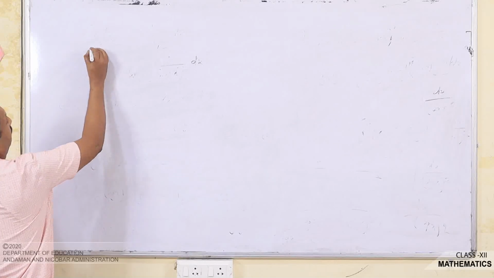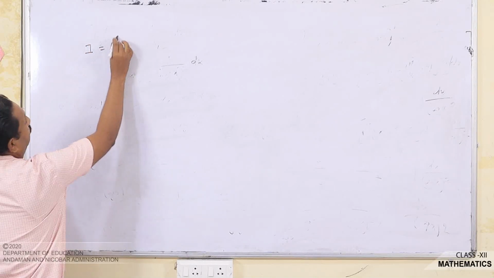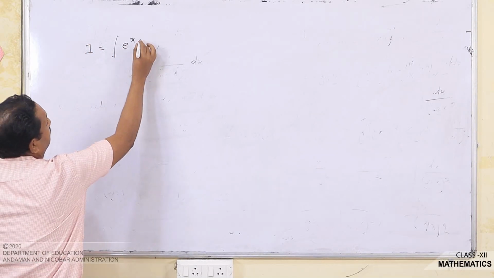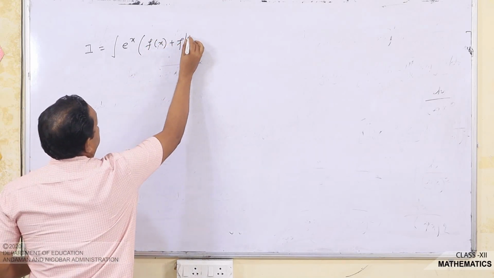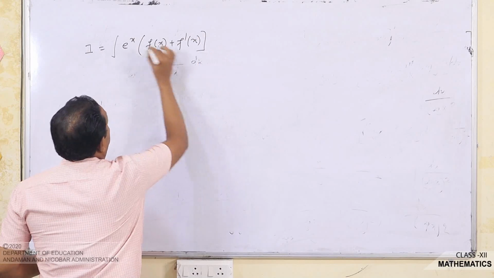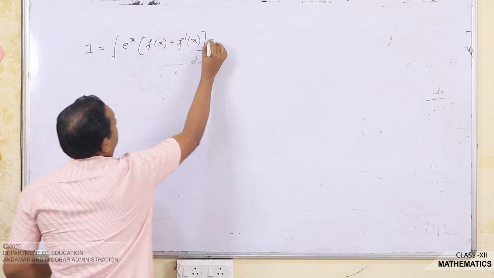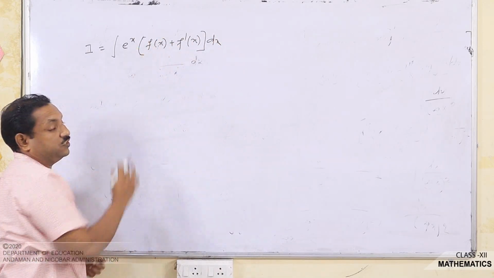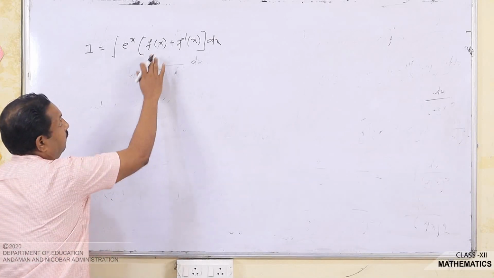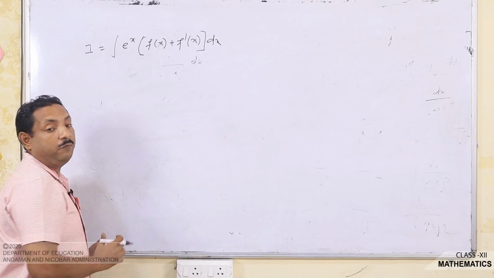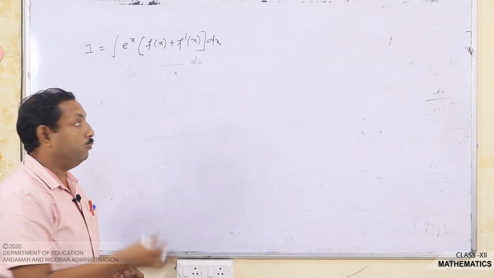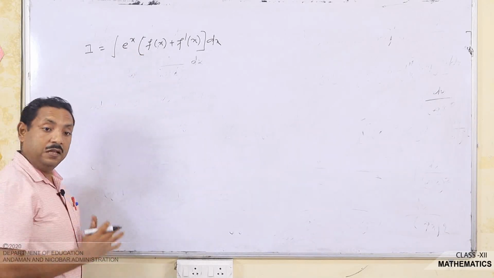Suppose your integration is of the form I equal to integration of e power x into (f of x plus f dash of x). Then if you have such a type of problem, that means a function and its derivative added to each other, and with the product of e power x, then what can we do?